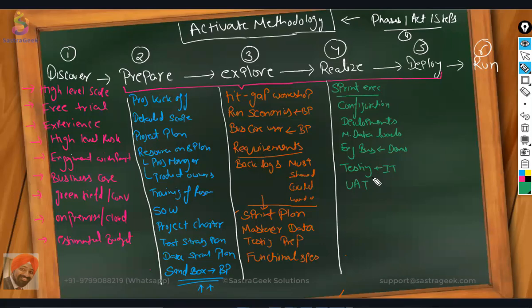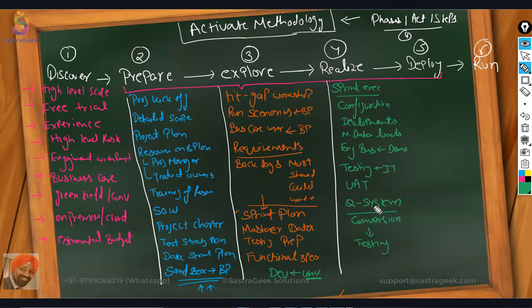If it is a conversion project, within the explore phase, we expect that your development system conversion should happen, or it should initiate, and in realize phase we should be finishing with the quality system conversion and complete testing.